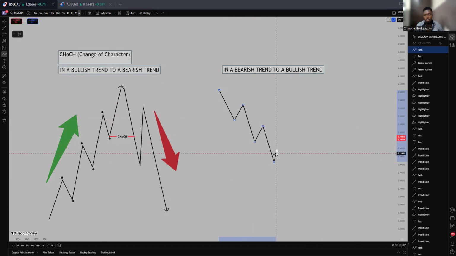It gets to a point where price has gotten to a level that is considered by the market participants as oversold. Then the buyers get into the market. Now they want to push price higher, but they can't continue to give that sell print, that short print, and that bearish print of lower highs and lower lows.